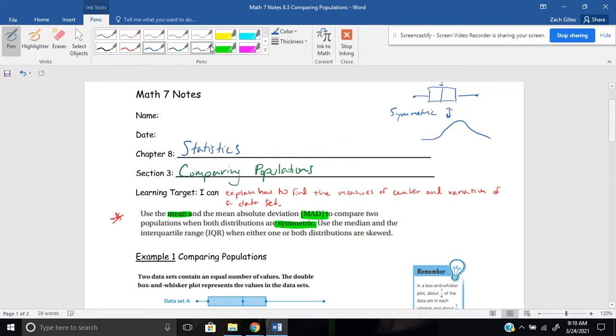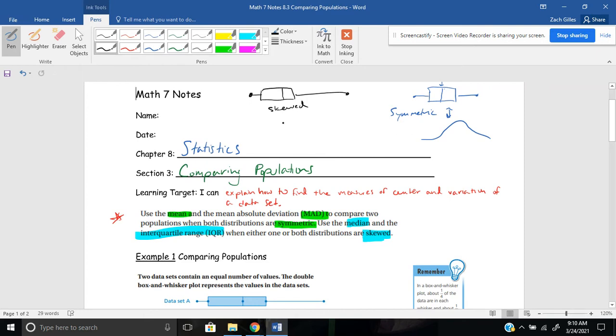Right? Now, on the other hand, sometimes your data won't be symmetric, and when your data is skewed, we use the median and the interquartile range. Okay, so an example of skewed data would be if one whisker on your box and whisker plot was really short and your median was not really in the center of your box and whisker plot, and the other whisker was really long, this would be skewed.